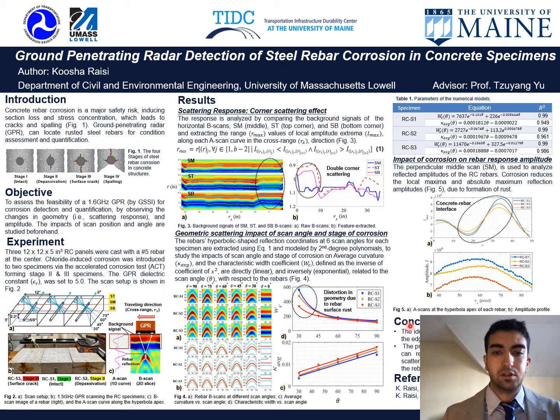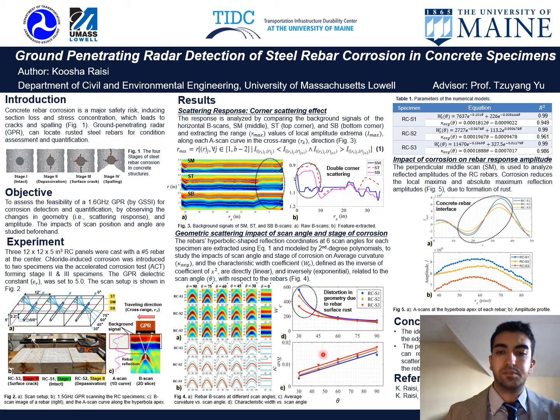And as for the conclusion, as I mentioned, the best angle is 90 degrees to the rebar, and as far away from the edges as possible. The amplitude is decreased due to corrosion, and the geometry is distorted, as we can see here again, because of the rust products that accumulate on top of the rebar.